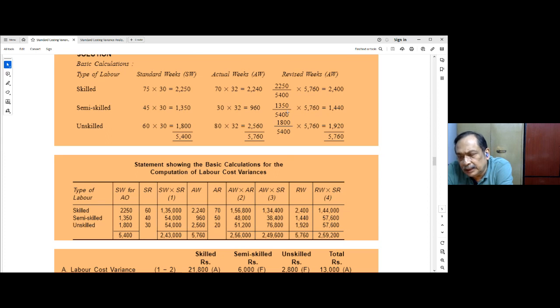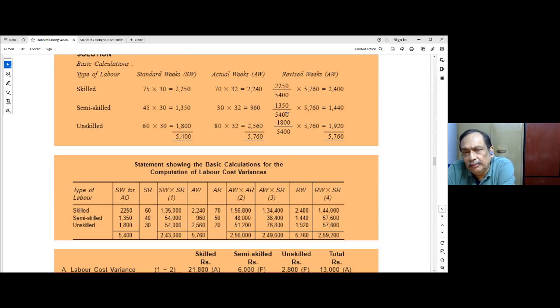Remember, here we are mentioning weeks. If weeks are not mentioned and hours are mentioned, then it will be SH for AO, that is standard hours, then SR, then SH into SR, then AH, then AR, then AH into AR, then AH into SR, then revised hours, ultimately revised hours into standard rate.